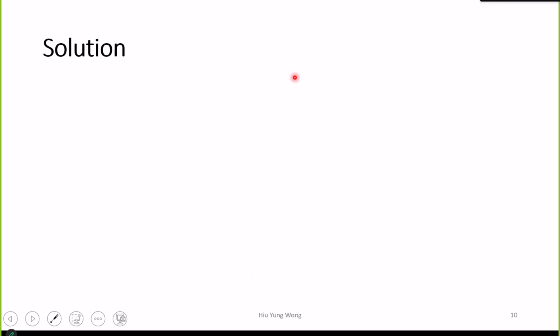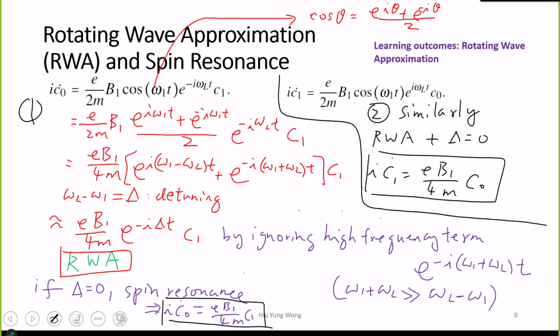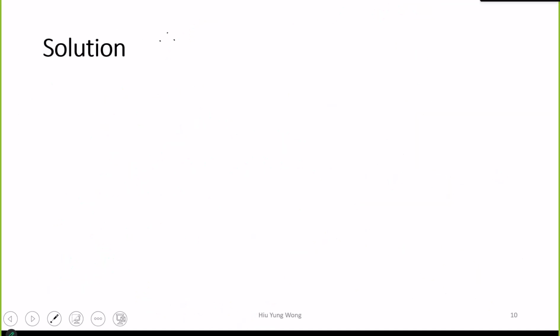Good. So again, do not worry about this math. You just need to know what I'm doing. What I can do is plug this equation into that equation to solve it, because I have C0 and C1, and C1 and C0. I actually skipped some steps.